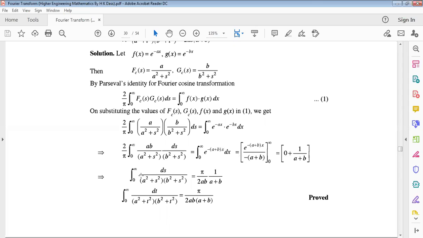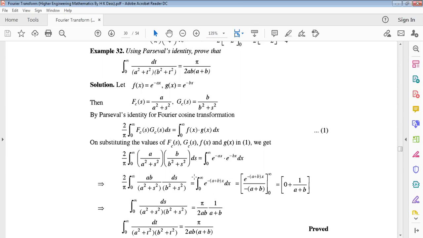Now this integration can be written as pi divided by twice ab (a plus b). Just transferring this constant to the right-hand side, dividing by ab on both sides, dividing by 2 also on both sides, multiplying by pi on both sides. This is why you get pi on the right-hand side. So this is the result which is desired.